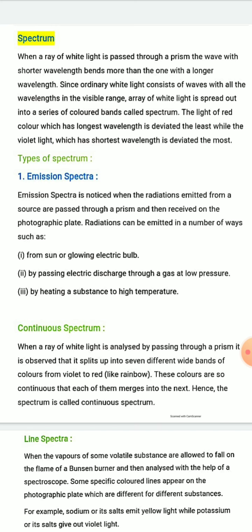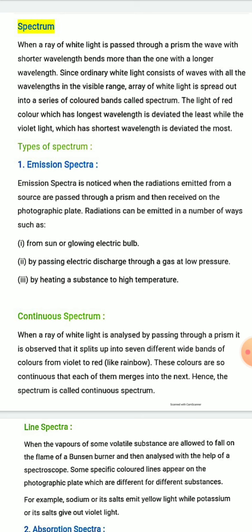That is, the seven colors of white light split to give a band, which is called a spectrum, when the white light is passed through a prism, and the light of red color, which has the longest wavelength, is deviated the least, while the violet light, which has the shortest wavelength, is deviated the most.